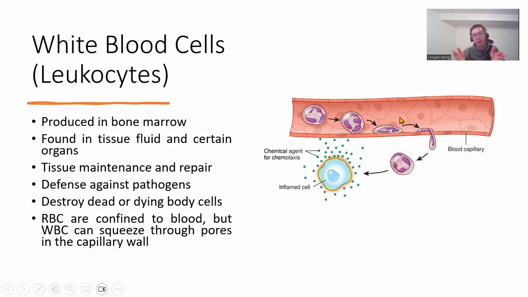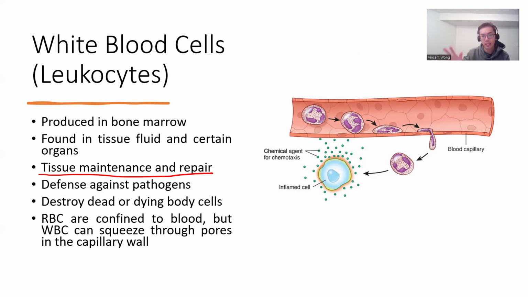But the white cells will only be able to squeeze themselves out at the capillaries. The capillaries are leaky, right? Not the arteries or the veins. Arteries and veins are sealed tight. It's only the capillaries that are leaky. So the white cells play a role in tissue maintenance and repair, making sure there's nothing in your tissue that's not supposed to be there. When I say tissue, I mean your body tissue, like tissue in the kidneys, tissue in the liver, right?